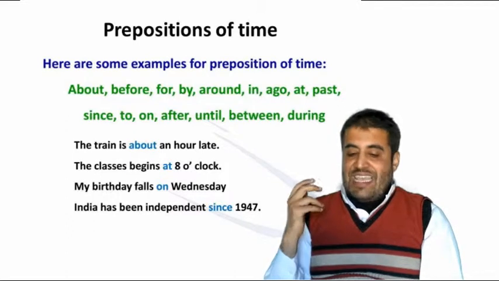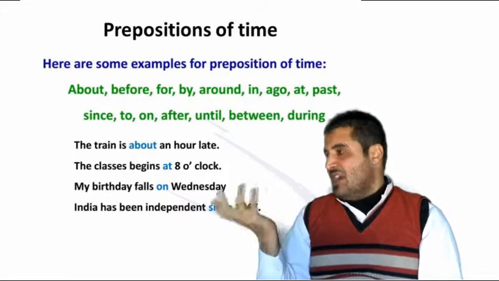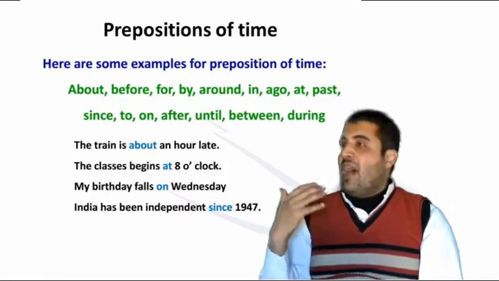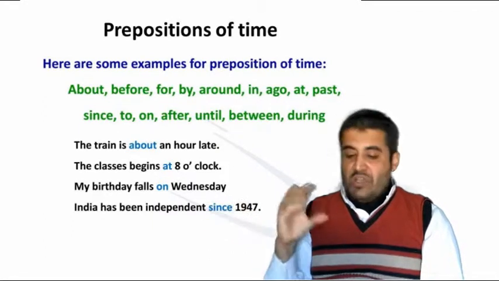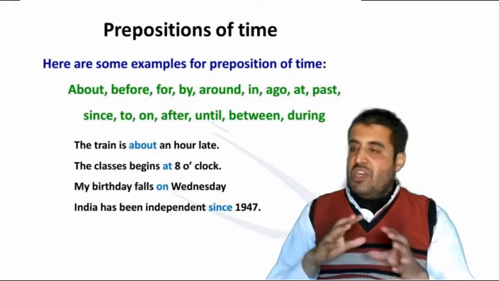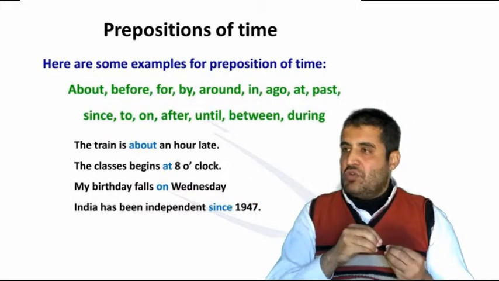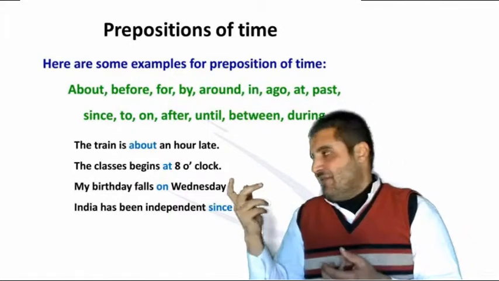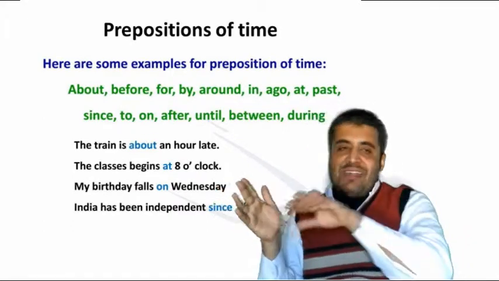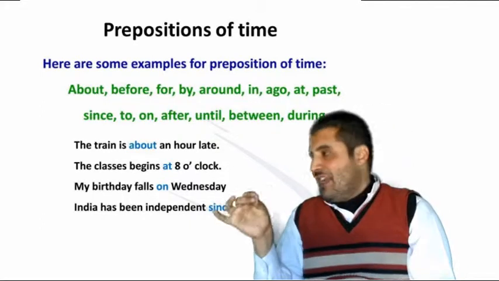Now, if I say India has been independent since 1947, or Pakistan has been independent since 1947, remember that in the first sentence, it means that the independence starts from 1947.